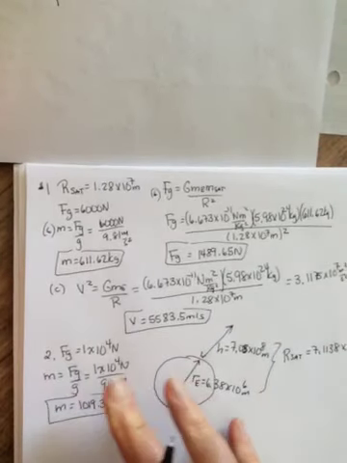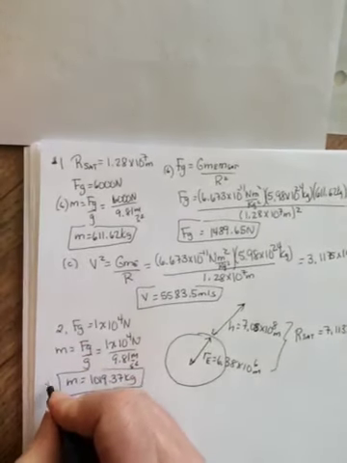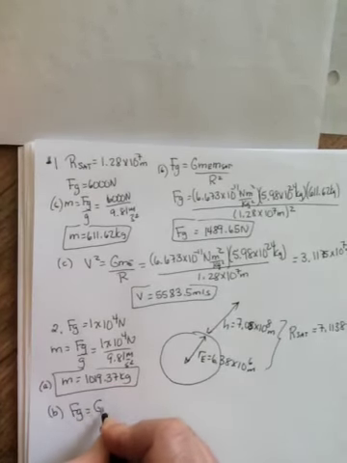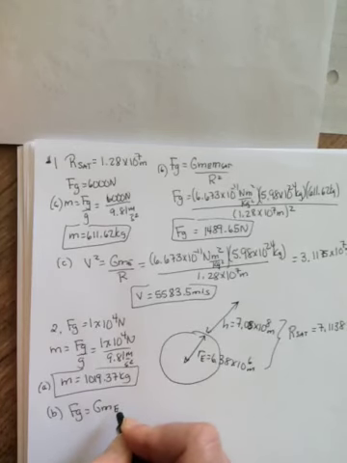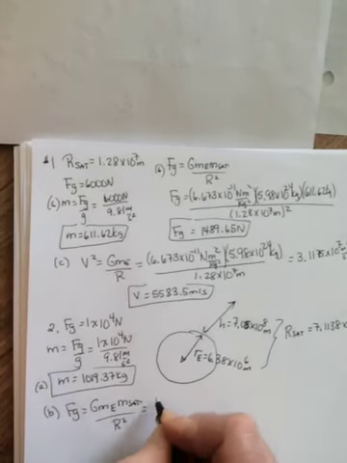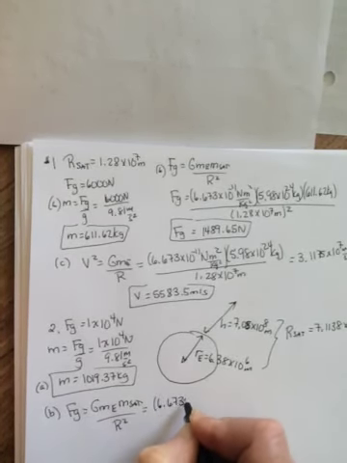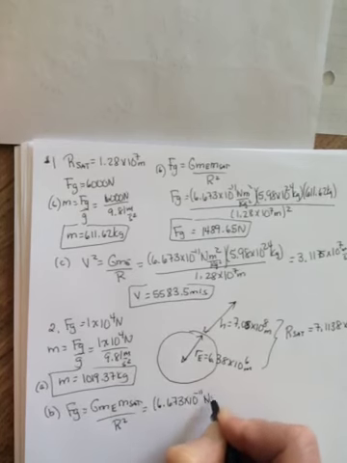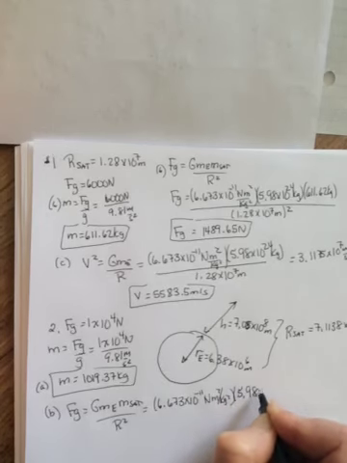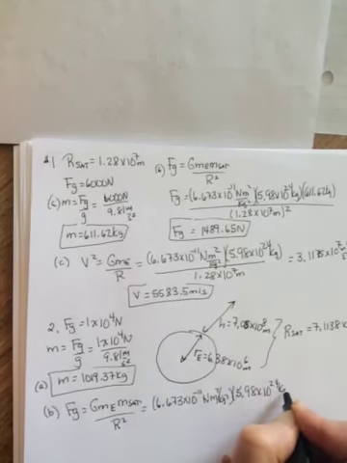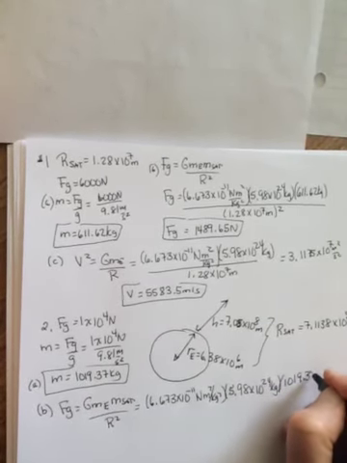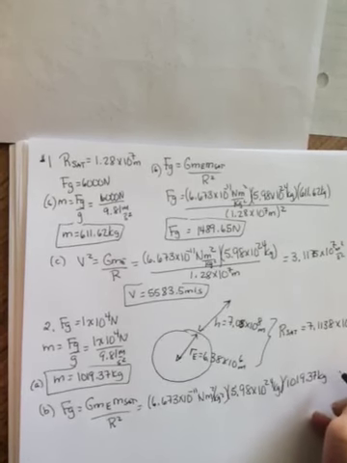All right. So then the question wants us to find its mass. We just did right here. Its weight. So again, Fg is equal to G, mass of the Earth, mass of the satellite over r squared. So 6.673 times 10 to the negative 11 newton meters squared per kilogram squared, mass of the Earth, 5.98 times 10 to the 24th kilograms, and then mass of our satellite, 1,019.37 kilograms.